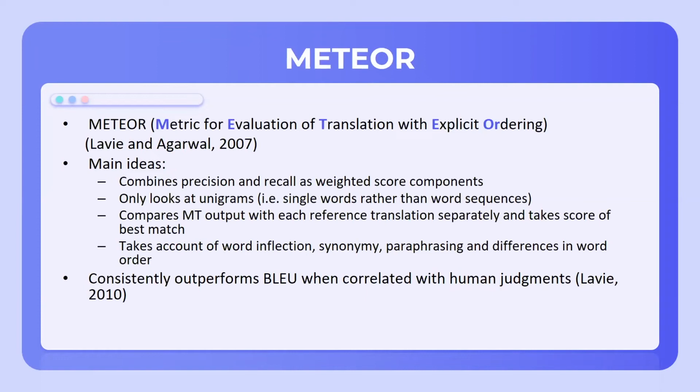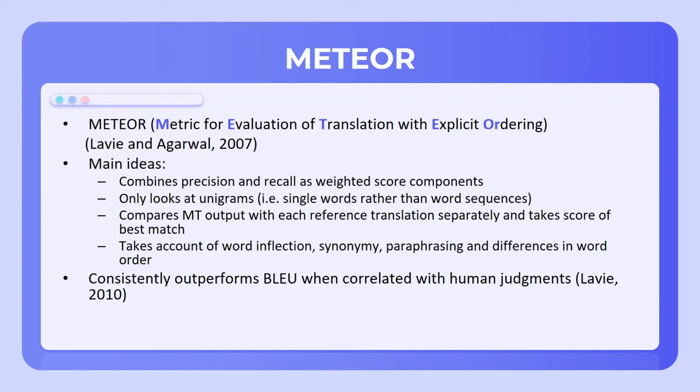For METEOR, the main ideas are that it combines precision and recall as weighted score components. So there will be different weights assigned to precision and recall. And the final precision and recall are considered as components to measure it. It only looks at unigrams, which means single words rather than word sequences.